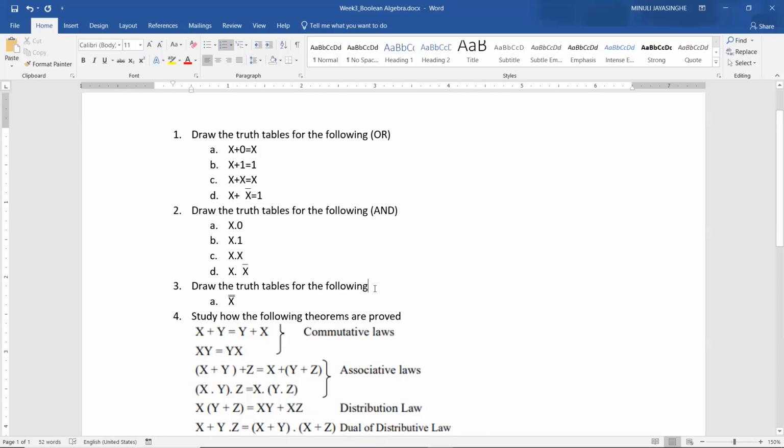Okay. And this third one is given as double complement. Here you see X bar and again bar is there. Okay. 2 lines up there on top of x. That means we are going to invert the same twice. And for this one, we say it is double complement. And you can easily guess that, right? I'll give the answer itself. It should be x.